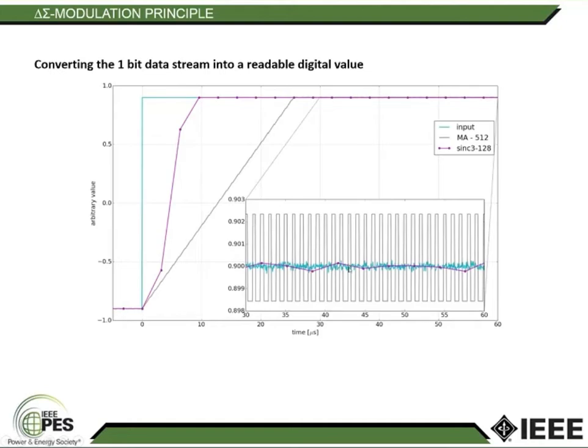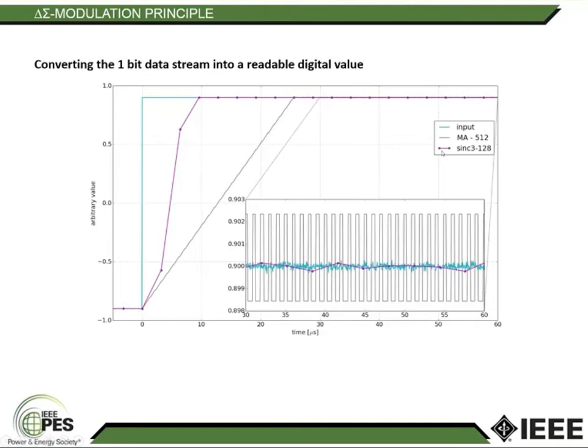We could increase accuracy here by simply increasing this number, the oversampling rate. But for instance, if we would increase that to 1024, we would end up at 50 microseconds until we finally reach the rising edge current here. Now, this can be made more accurate by using sinc filters.